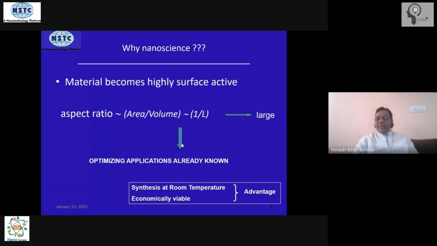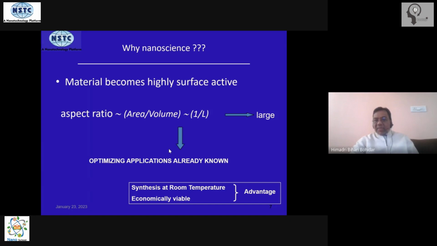So the applications are now being optimized on a nanotechnology platform. Why? To get better insight into it, make it cost effective, more accurate, more reliable, and with lesser requirement of resources, cheap. And that's why I've boxed this item at the bottom of the slide.